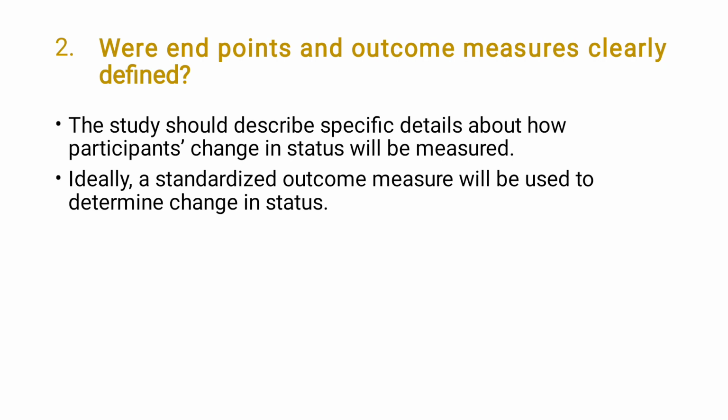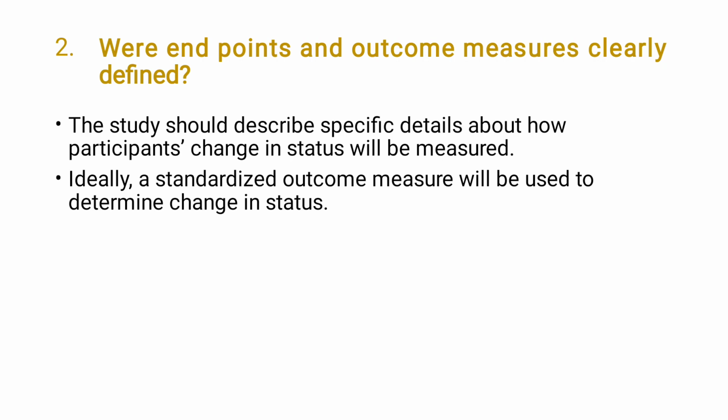Were endpoints and outcome measures clearly defined? The study should be specific about the detail of how participants' change in status will be measured, before and after intervention, or before and after treatment, and how our specific outcome of interest is measured. For that purpose, we use standardized outcome measures.